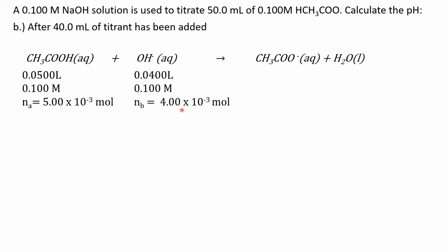All right. So now we need to look at the moles of acid and the moles of base and decide what our limiting reactant is. It's the smaller one. So the hydroxide is the limiting reactant. It's all going to react. The same amount of acid is going to react. What's left over?